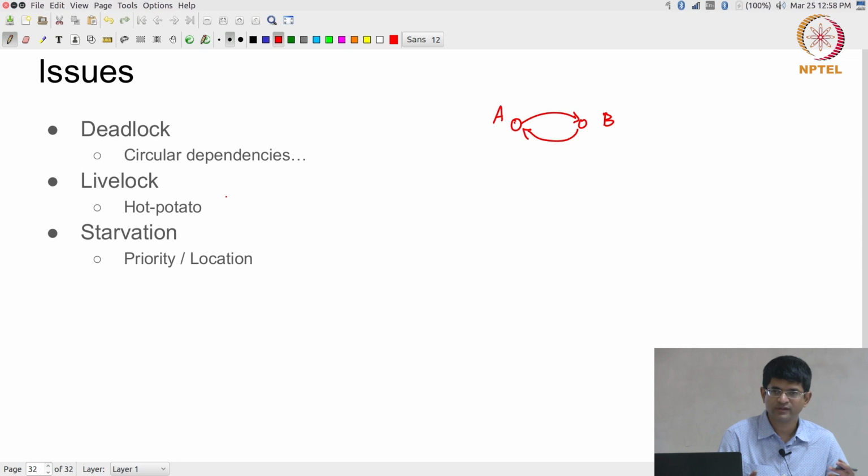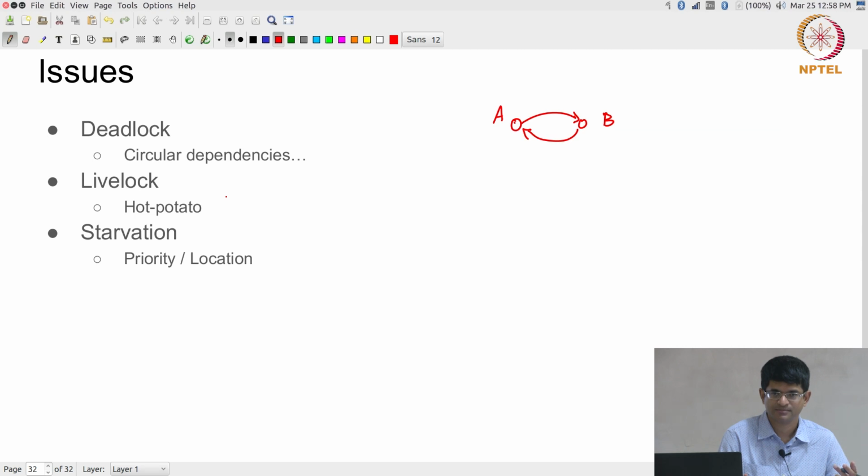It just looks around, whichever one is free, it sends it there. Hopefully over time it will make its way to the correct destination. It's not as bad as that, there is obviously some more to it, but the idea is that you don't need any local storage, you don't need buffering. The problem you can end up with is livelock, where packets keep going round and round the network without reaching their destination.